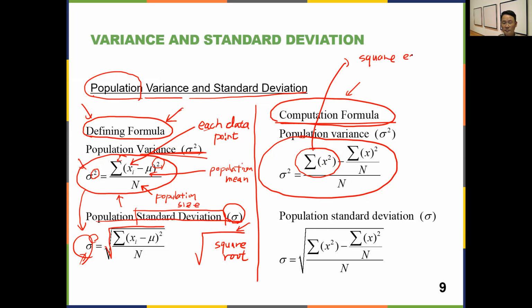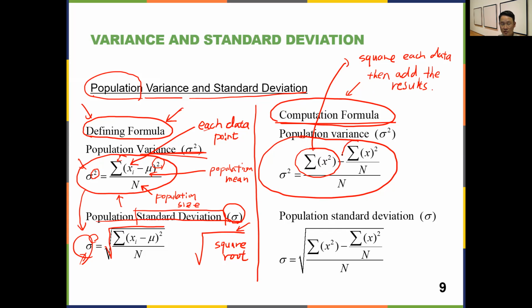Square each data, then add the result. Right? So this part is you square every data point and you add them up. After you square it, you add them up. That's what this first part is.